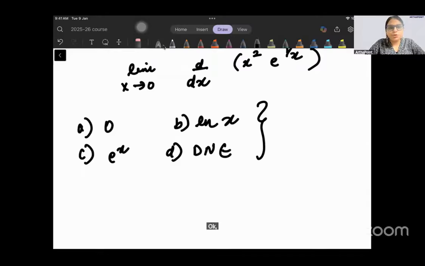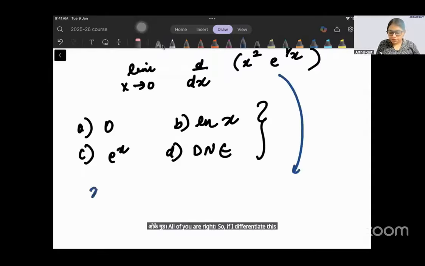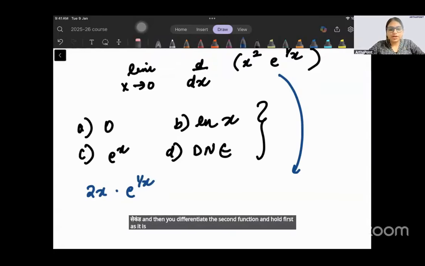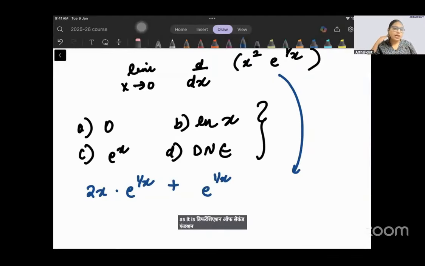Okay, good. All of you are right. So if I differentiate this, differentiation of the first function, second as it is, and then you differentiate the second function and hold the first as it is. Use chain rule.